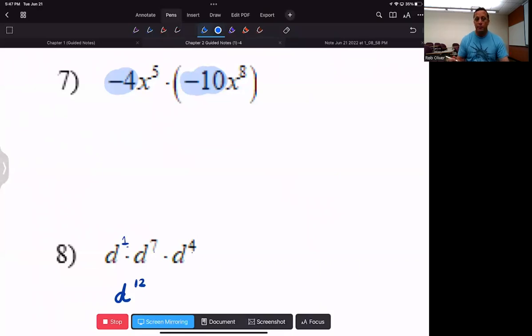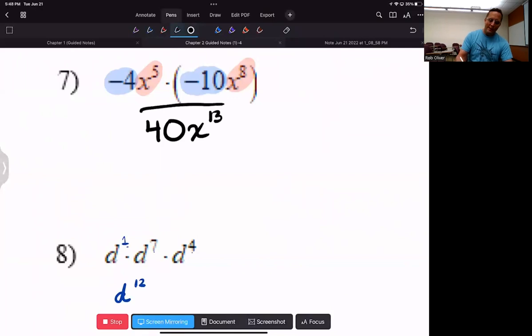So we're going to do -4 times -10, which is positive 40. It is positive 40 right there. And then when it comes to the exponents, we're going to use the exponent rule, the product rule, which means we're going to add those powers. We're going to add x to the 5th and x to the 8th, which is 13. So there you go. That is our solution.